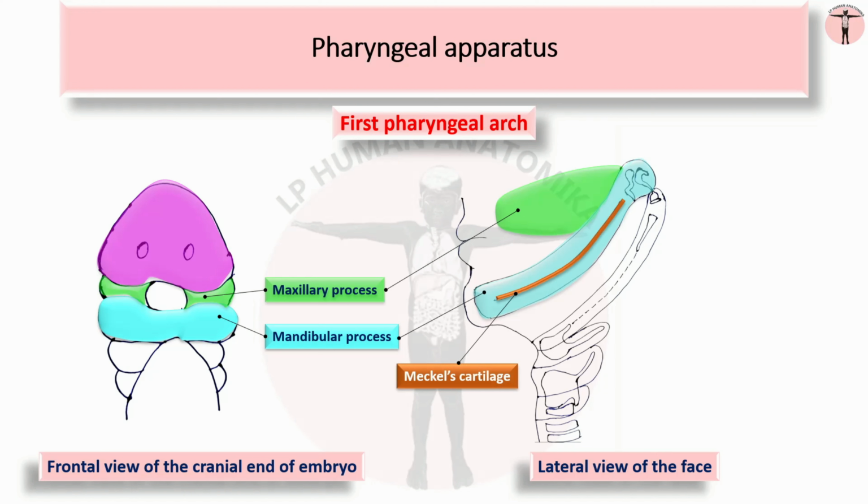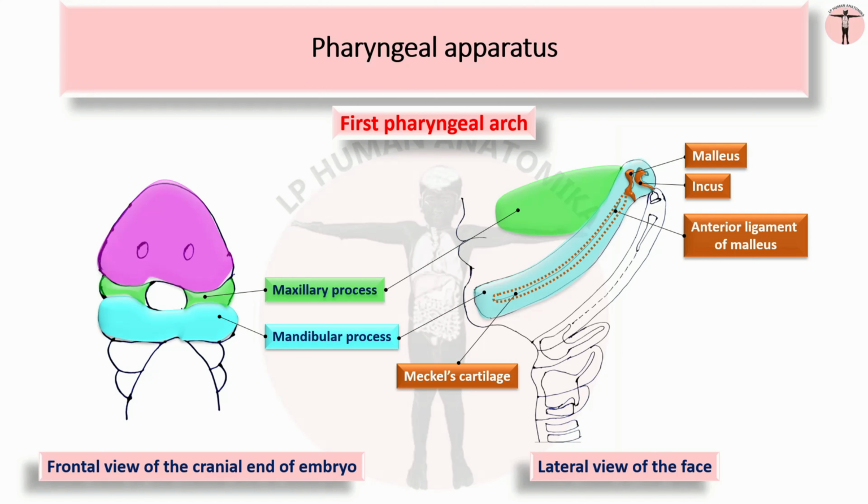The dorsal end of the cartilage ossifies to form two small middle ear bones, the malleus and the incus. The middle part, that is the core of the cartilage, disappears or regresses, but the perichondrium surrounding it forms the anterior ligament of the malleus and sphenomandibular ligament.